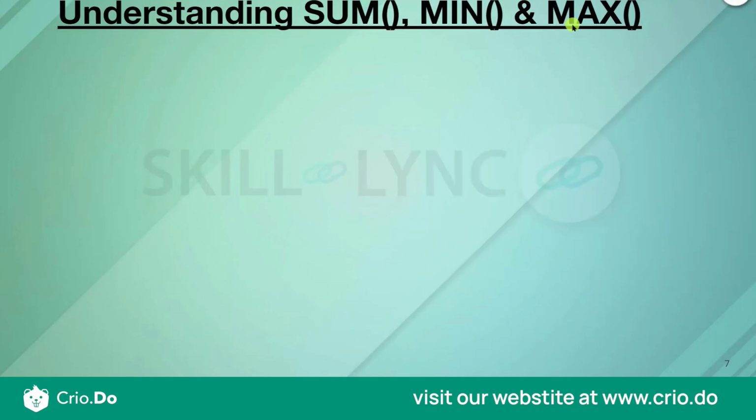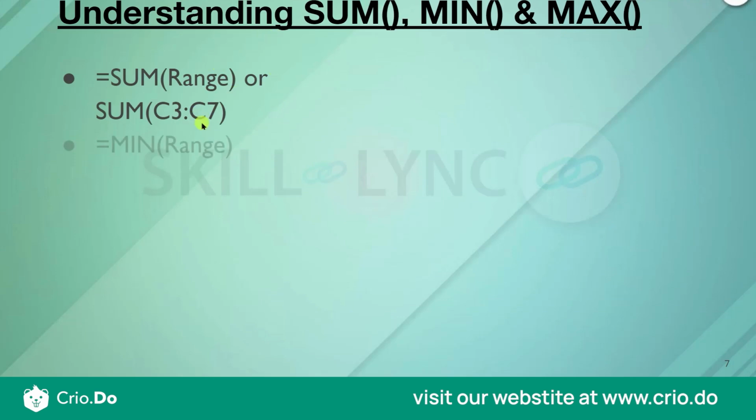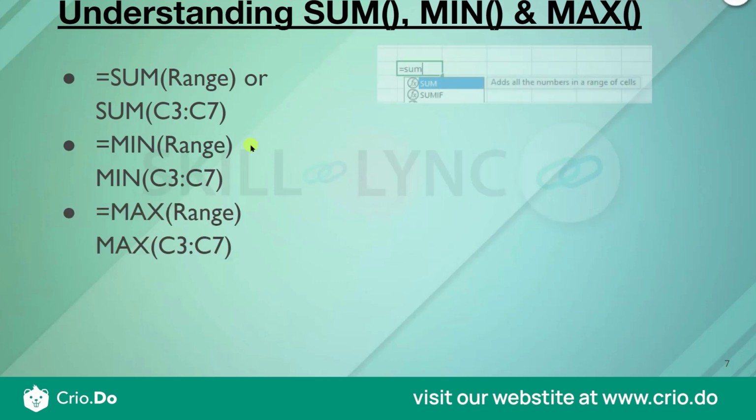Understanding sum, min and max functions. So we learned the basic functionality of functions. We understood sum and how we can provide the range. Similarly, let's try the minimum and the maximum as well.